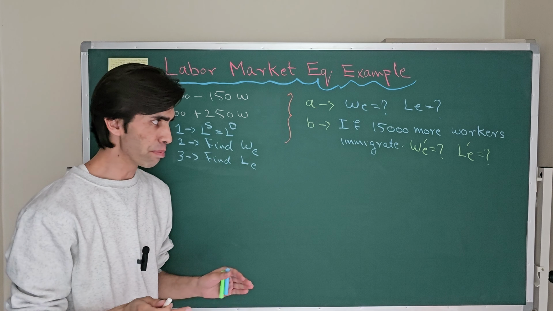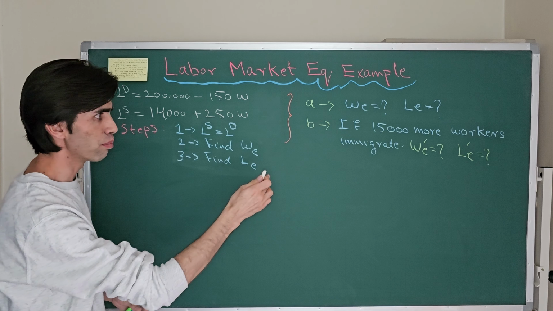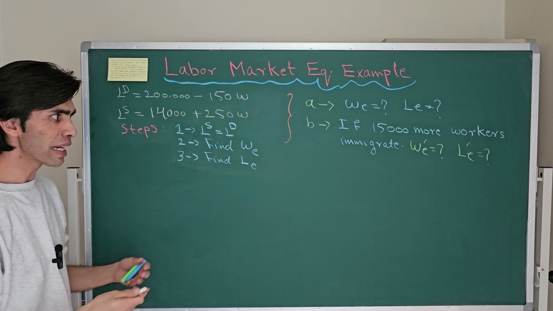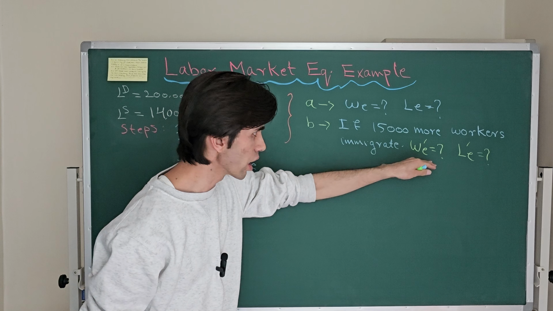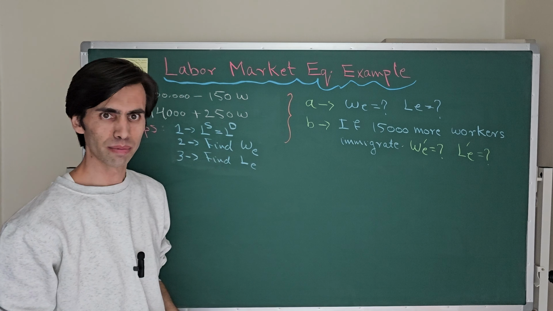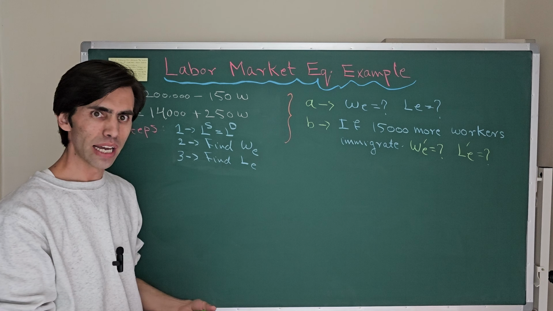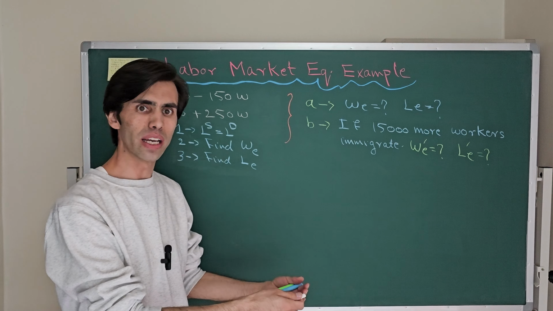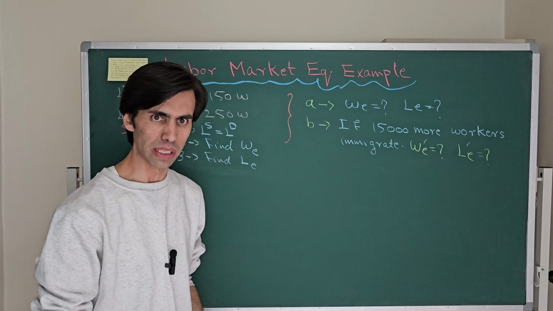And the second, B, says that if 40,000 more workers immigrate to this economy, find out the new equilibrium wage and quantity, and discuss the impact of immigration on the equilibrium employment in this particular economy.